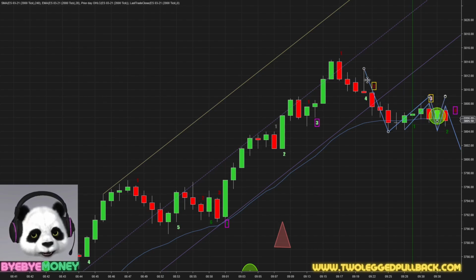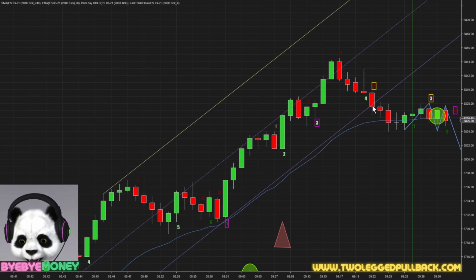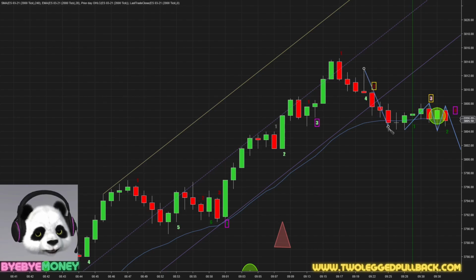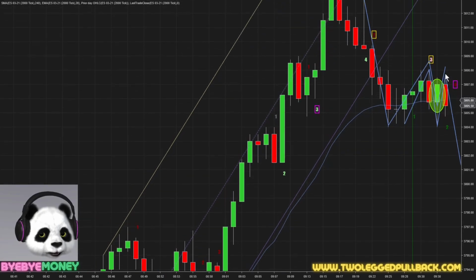Let me do that again, so I'm not confusing you. I'm considering a newbie seeing this video for the first time. So we'll see this: first pullback, first entry, second pullback, second entry. Even though it's by only one tick, as we zoom in, we can see it broke the previous candle high by only one tick.